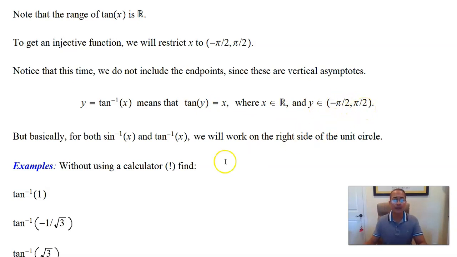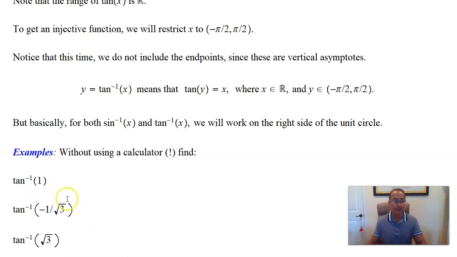Okay, so the similarity is between inverse sine and inverse tangent. They both have the same range, except that we don't include pi over 2 and minus pi over 2 for arctangent. Okay, so this time we need different numbers to play with.